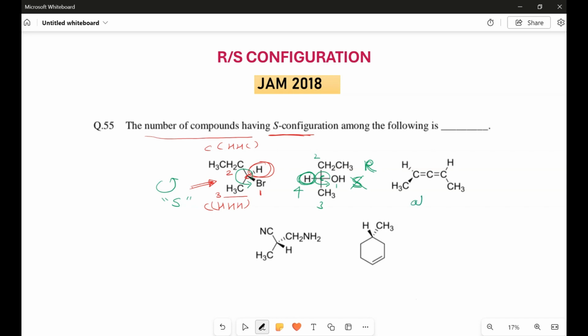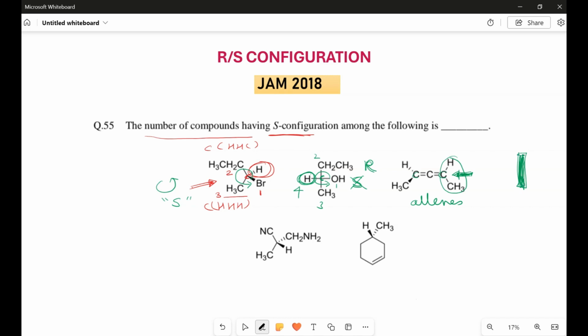While assigning the configuration for allenes, you can see that you have to take this carbon and this carbon. The view is very important. If I view from this particular side, I have to take these groups as the near groups. So I have to put them as bold. They are in the vertical position, so I have to put a thick line.